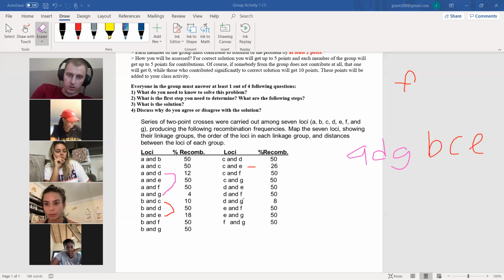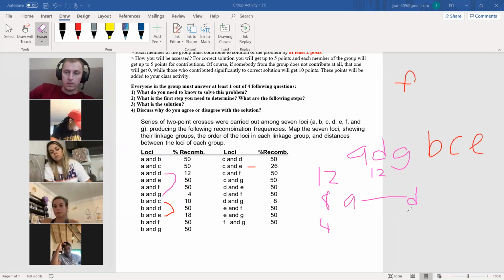I can choose from 12, 8, and 4. I'm going to take the longest one, and those are going to be the 2 endpoints at the ends of this linkage group: A, and then D over here. All of that is 12.